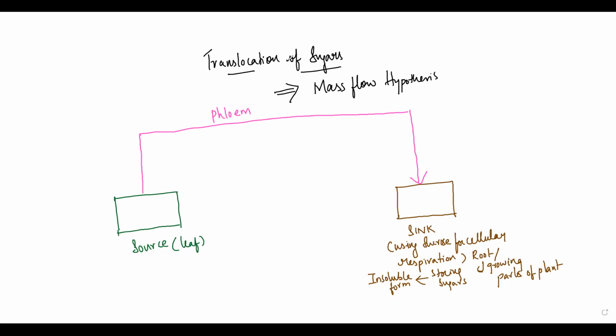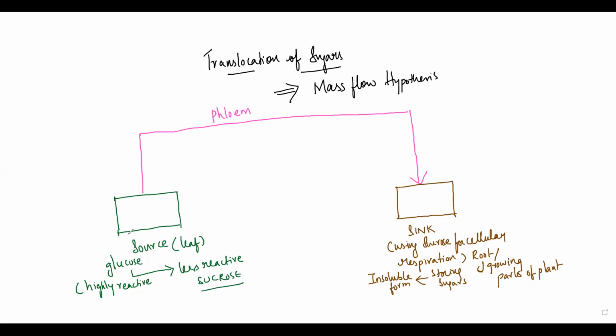And the leaf, what I was talking about as a source, is synthesizing glucoses by the photosynthesis process. But since these glucoses are highly reactive, they have to be converted into a less reactive form. And that less reactive form is going to be the sucrose.